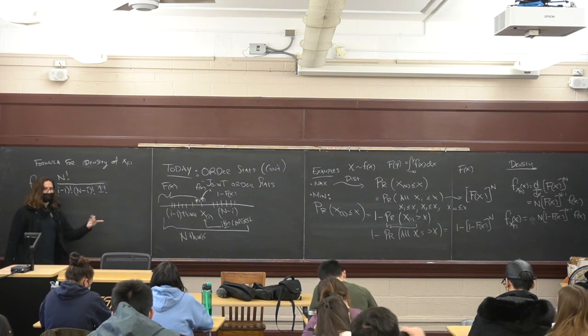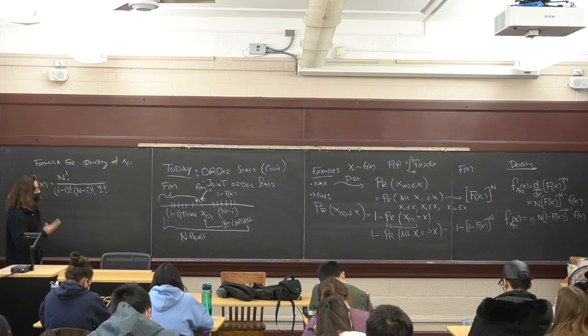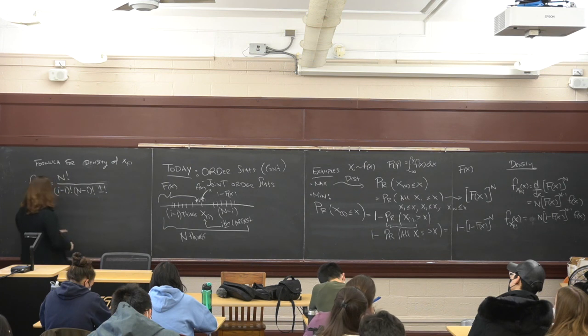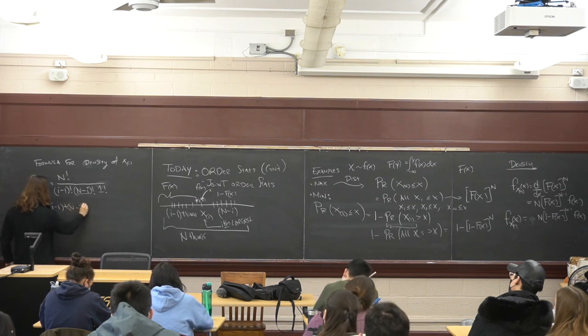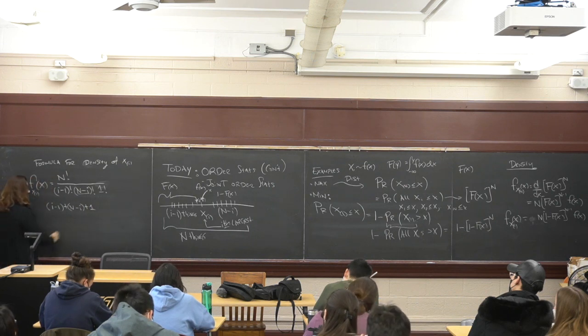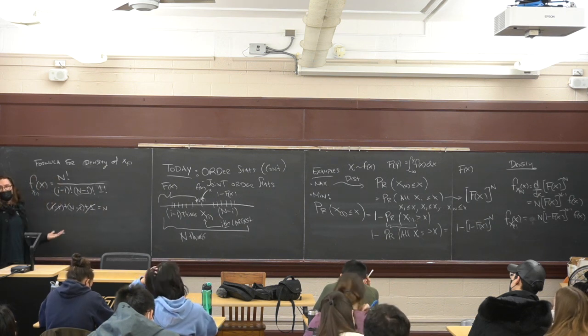So how many different rearrangements are there of that one thing? 1 factorial. But if I added all these together, i minus 1 plus n minus i plus 1, that's going to be equal to n. So just a sanity check, we've counted every point in here.